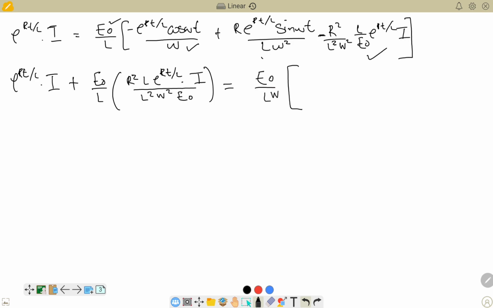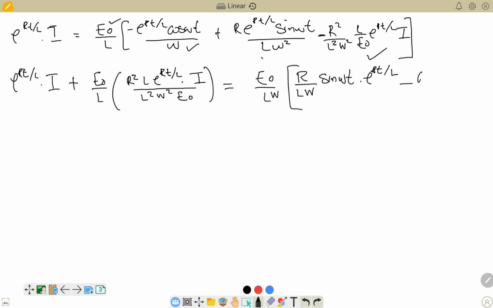I will have Lw, and if I start with sine wt, I will have r over Lw sine wt times e to the power rt over L minus e to the power, let me start with the cos like I did with the sine.